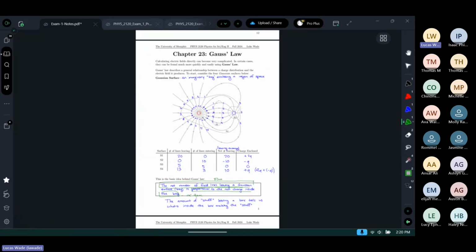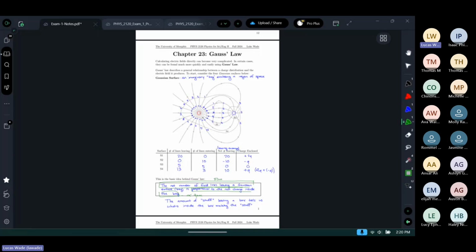So Gauss's law is the hardest bit of this set of chapters because it's the most abstract. And so that's why we kept coming back to this sort of hand wavy conceptual definition, because it is the most helpful thing to picture the purpose of Gauss's law.